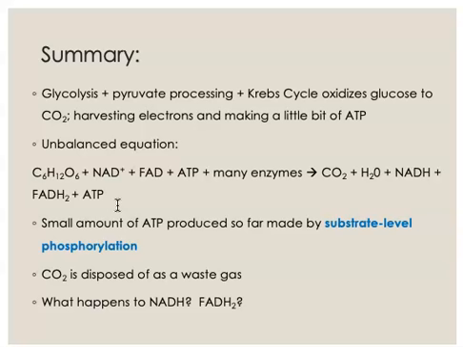In humans and other aerobic animals, the carbon dioxide that is produced from glucose is going to get disposed of as a waste gas. The question then is, what's going to happen to those reduced electron carriers? What's going to happen to the NADH and the FADH2? And that's where we will pick up now.